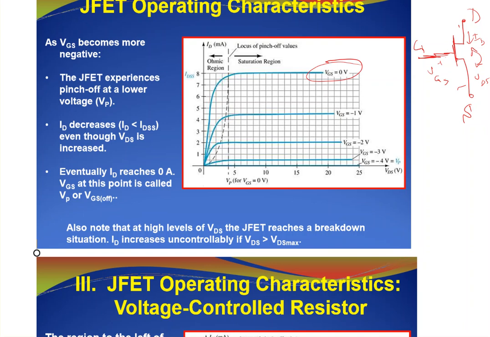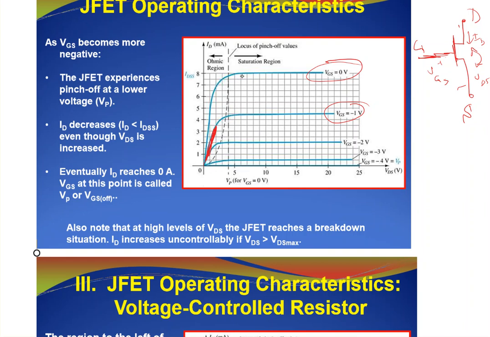This is the case we just discussed for a VGS of 0. Now if I start decreasing this voltage, let's say to -1, the characteristic is similar in shape. However, the line has less slope, and the pinch off point is now moved a little lower.